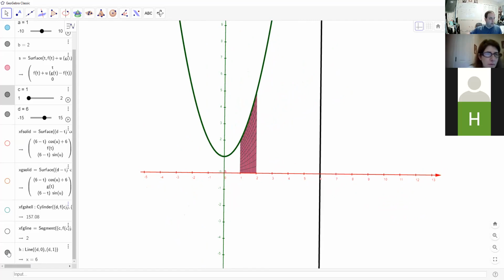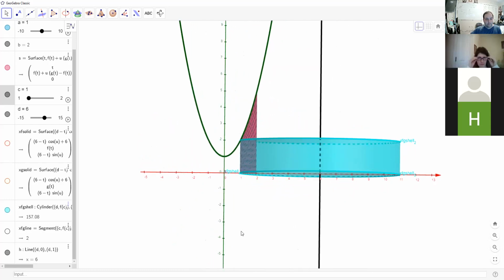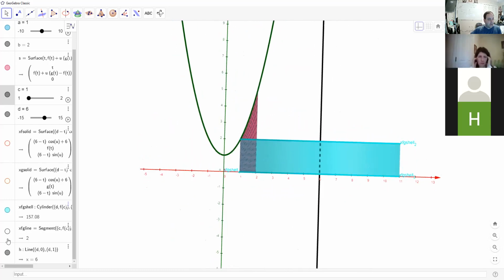So when we rotate that around, remember we're doing this by shells. If you want to think of it this way, here's an individual shell. Now not the bottom and the top, but think of the side here. The side segment has the height that's with the function, and you can see the radius of the cylinder goes to the line there.